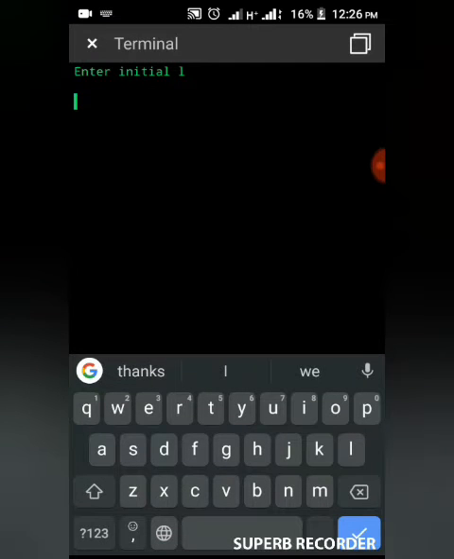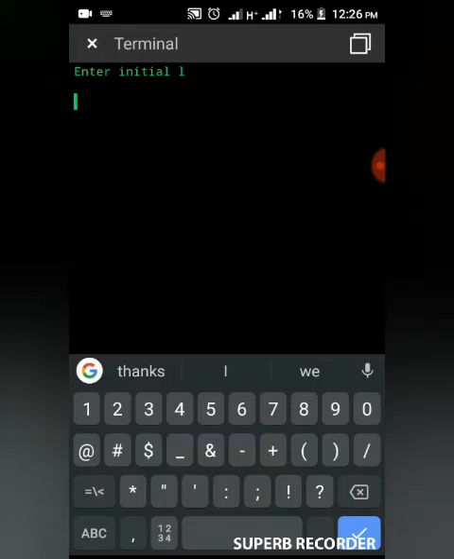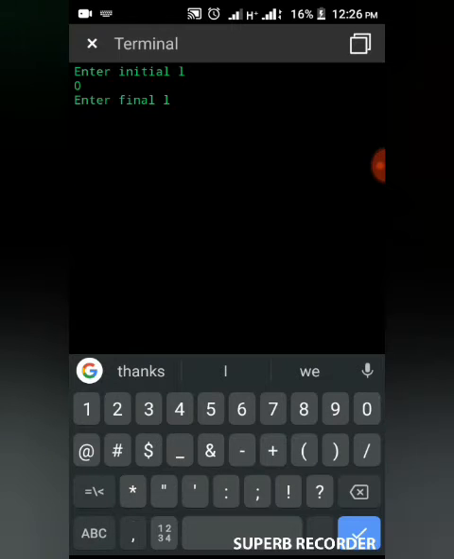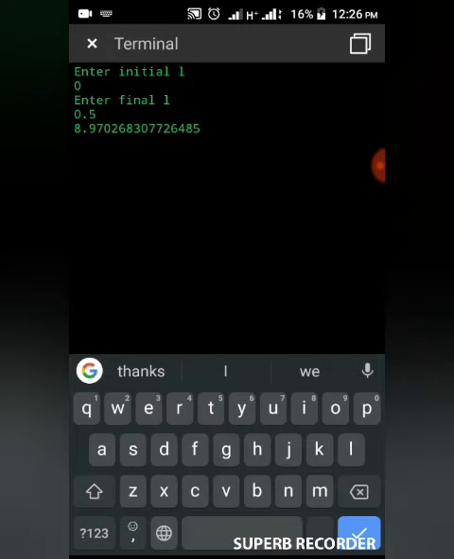So the initial length started from 0, and the final is 0.5 as I measured. That gives me the volume. It is 8.97026830772648. I'll just round off to 2 decimal places, like 8.97. Yeah, that's better.